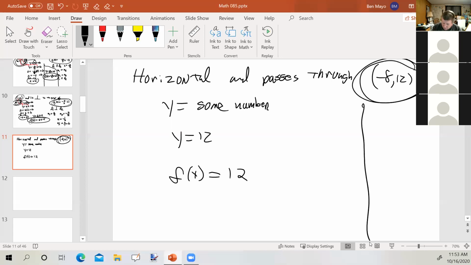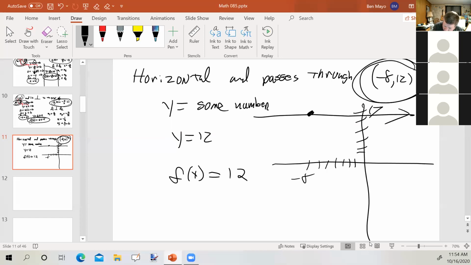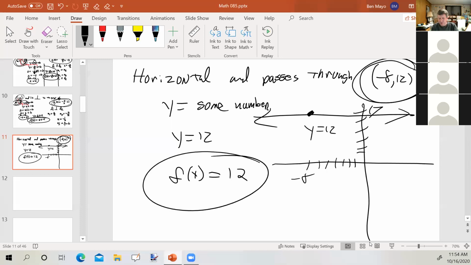If we were to do it graphically, we'd come over here to -8 and go up here to 12, and we'd have this point, and then we draw a horizontal line through it, and then be like, oh, that's a horizontal line, so it's y equals 12, etc., etc. Okay with that?